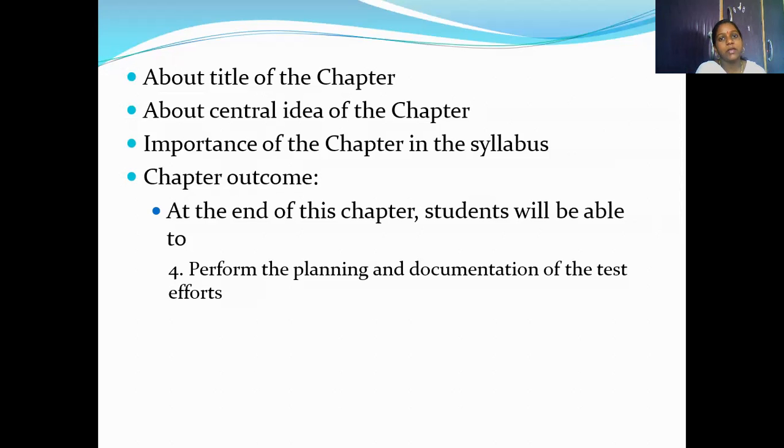So that's why this knowledge about documentation of bugs, bug planning or test planning is very important to study.